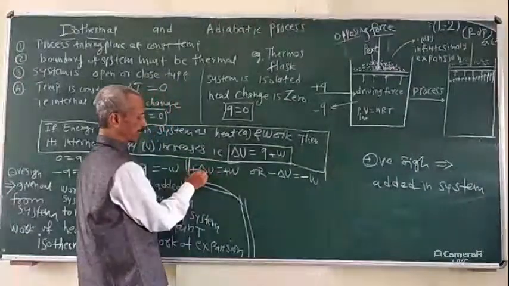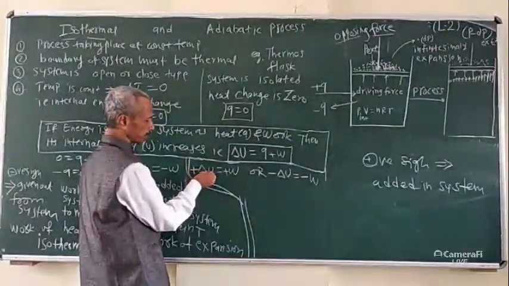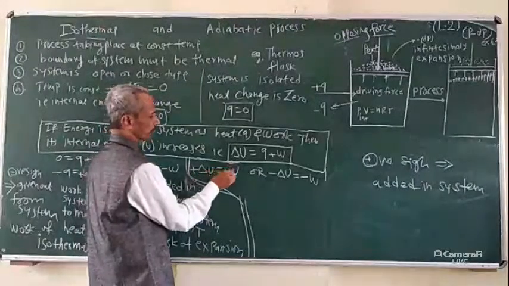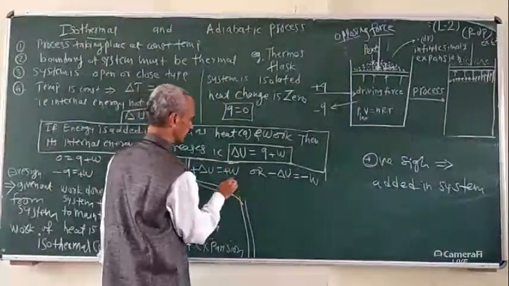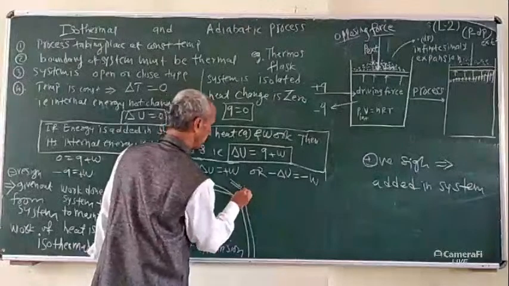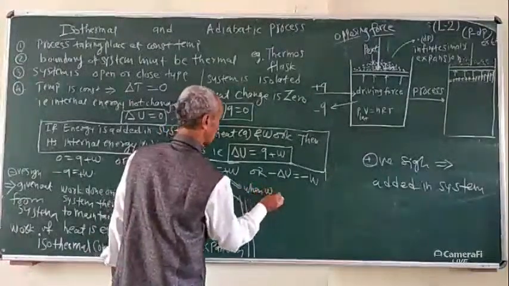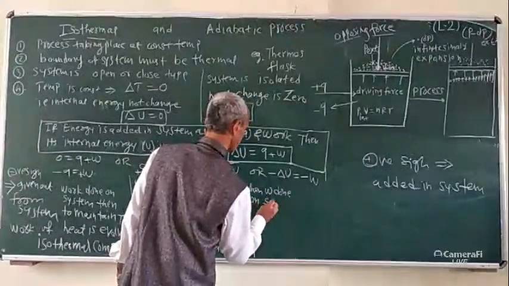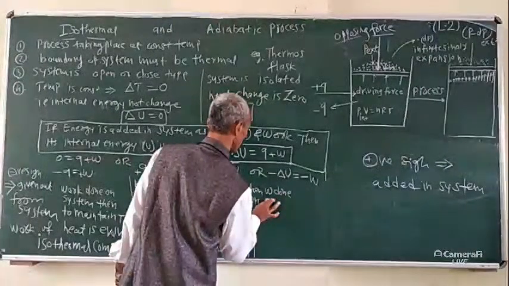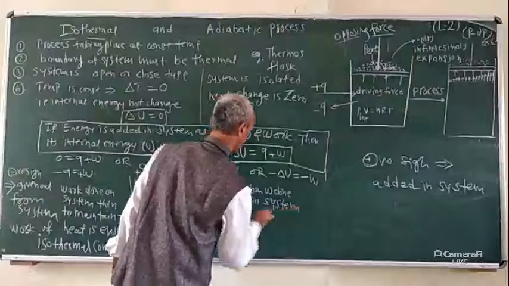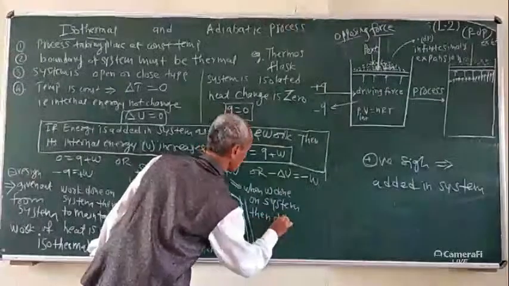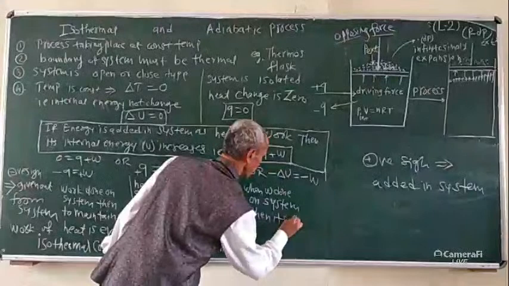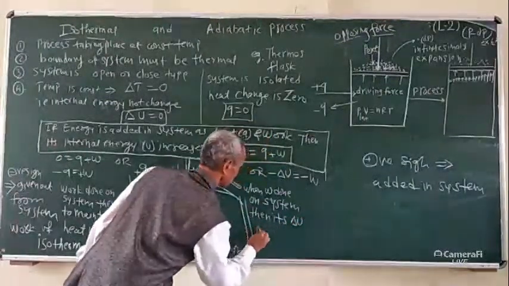Now consider the next, plus delta U of the adiabatic process. The internal energy of the system increases when work is done on the system. What does it indicate? When work is done on the system, then its internal energy increases.